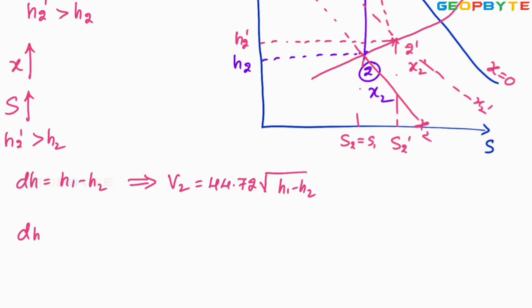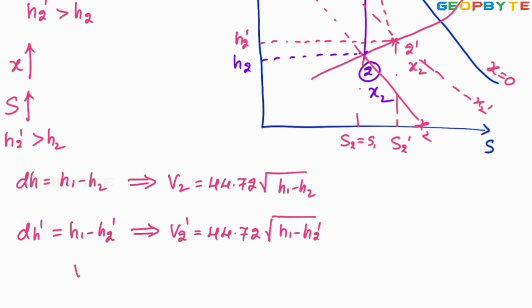The actual enthalpy drop is dH dash equal to H1 minus H2 dash. The actual exit velocity V2 dash equals 44.72 into root under H1 minus H2 dash. Therefore, V2 dash is less than V2. Actual velocity because of the friction is less than the ideal velocity.